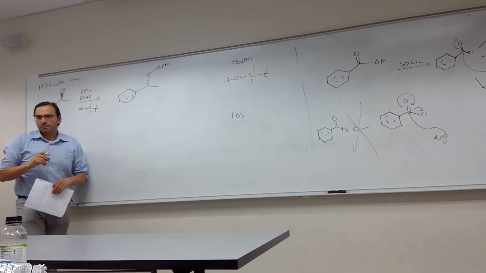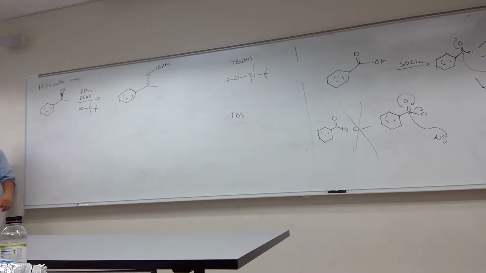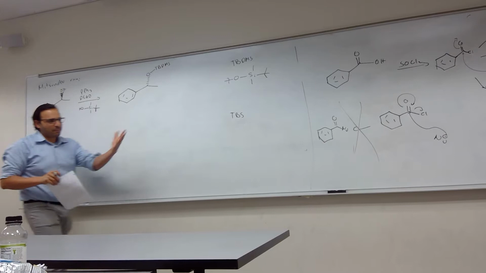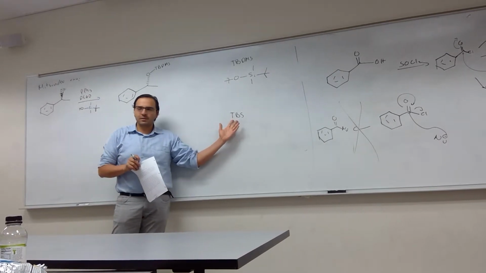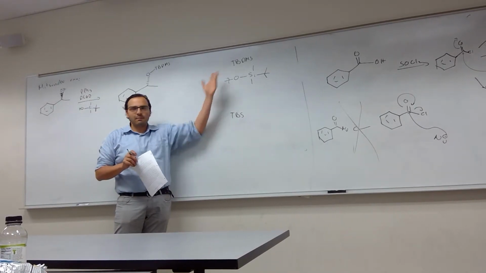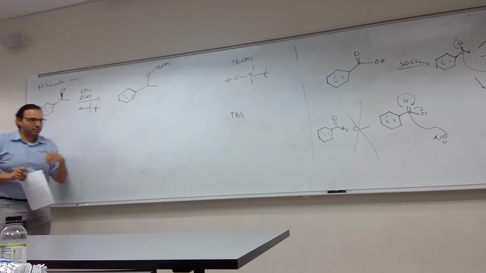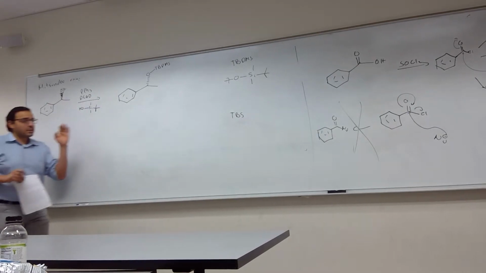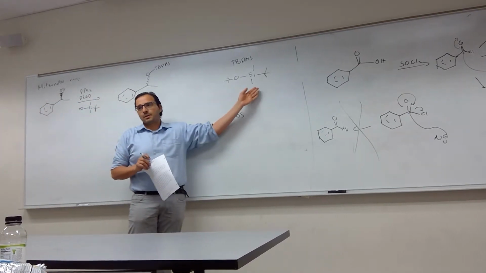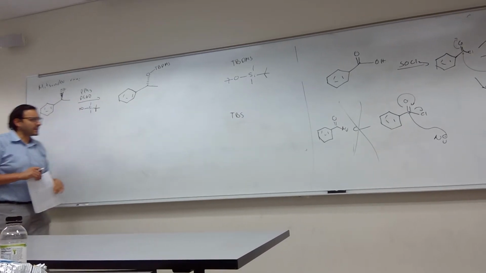Or it should be really TBDMS, because there are a lot of other protective groups with this. But oftentimes on good papers, you'll see just TDS. So TDS, TBDMS, those are interchangeable. So they mean the same. So there's a silyl protective group, tert-butyldimethylsilyl.